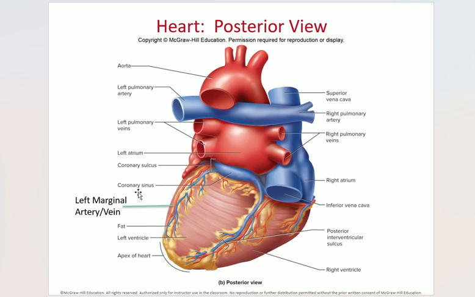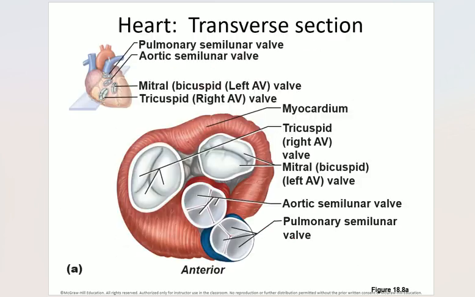Okay. So here we're looking at the valves from top to bottom. So we start at the pulmonary semilunar valve here. And we've got our aortic semilunar valve here. Then we have our tricuspid valve, so 1, 2, 3 here. Our right atrioventricular valve, if you will, and then our bicuspid valve, left AV valve here with our 2.